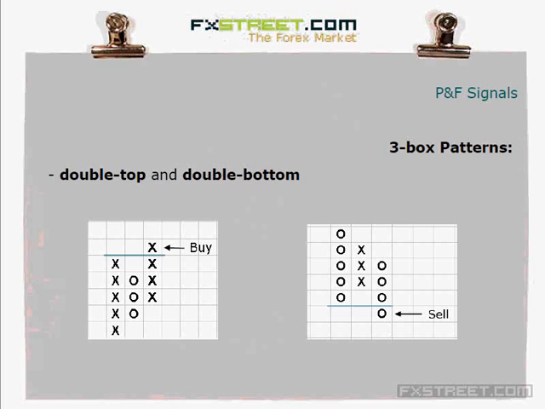The two basic patterns which we are able to detect in three box reversal charts are the double-top and the double-bottom. Note the hyphen when we write double-top and double-bottom. This is to distinguish them from the usual double top or double bottom in other chart methods, where we associate double top with a topping formation or a reversal type of formation.